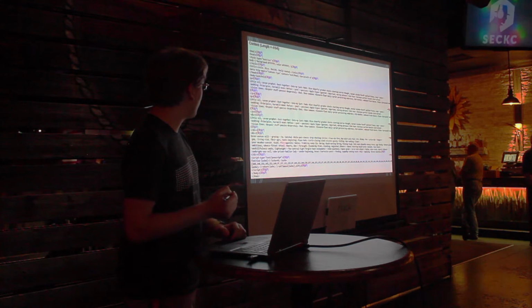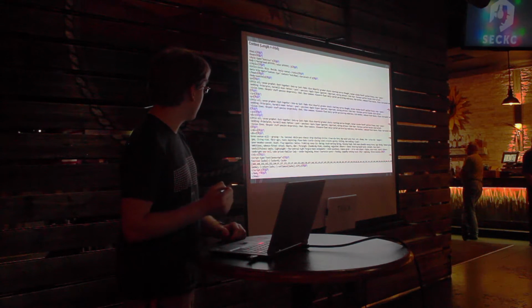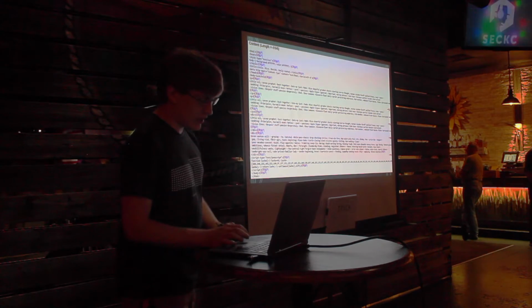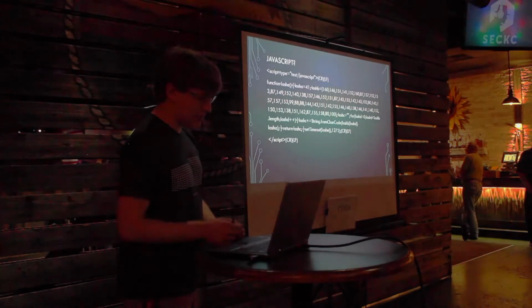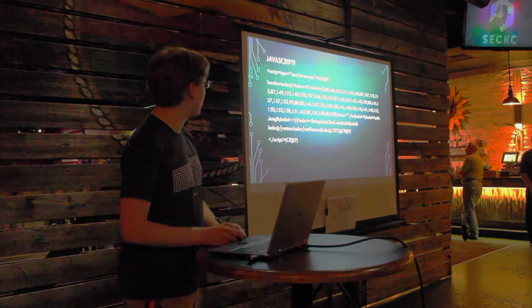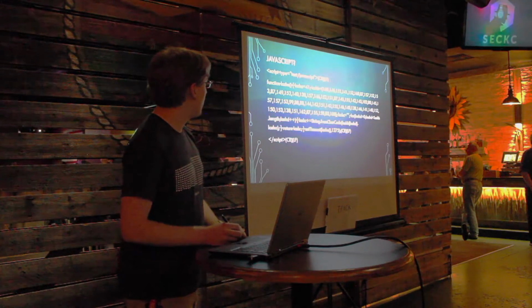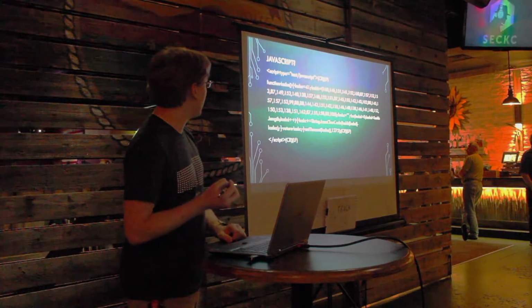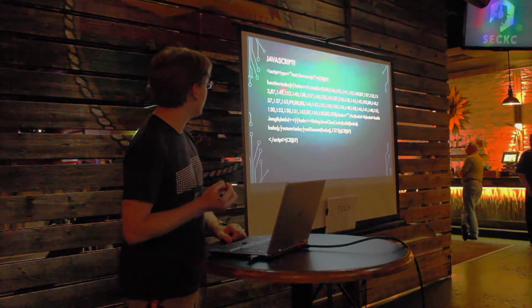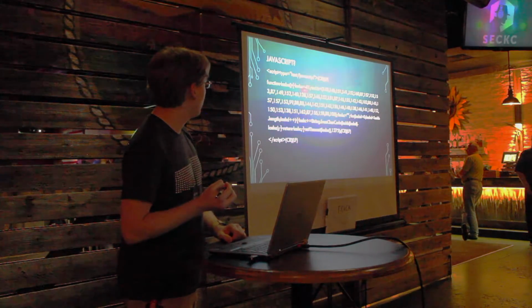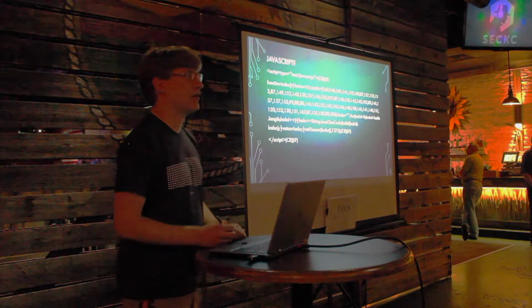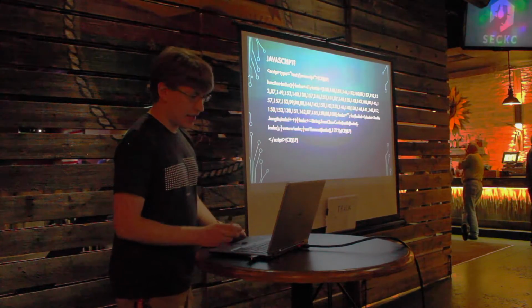There's a whole bunch of random text, and then we have this little JavaScript at the bottom. Something you'll notice is you have a variable repeated about a dozen times. You've got an a equals number up here, and then a long string of comma-separated numbers.